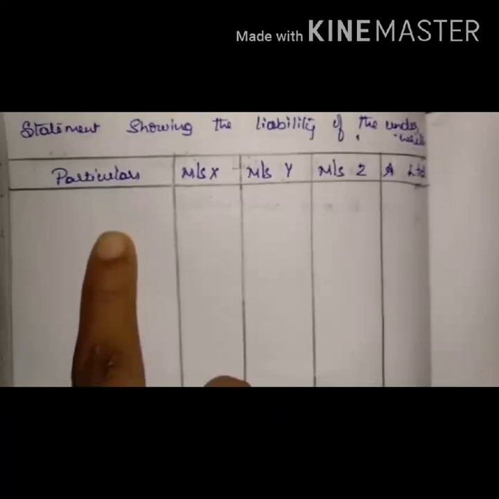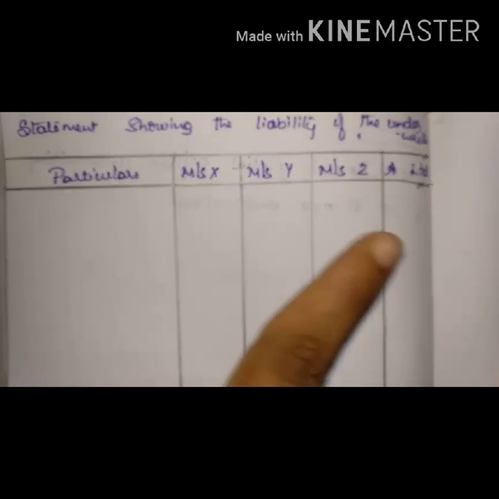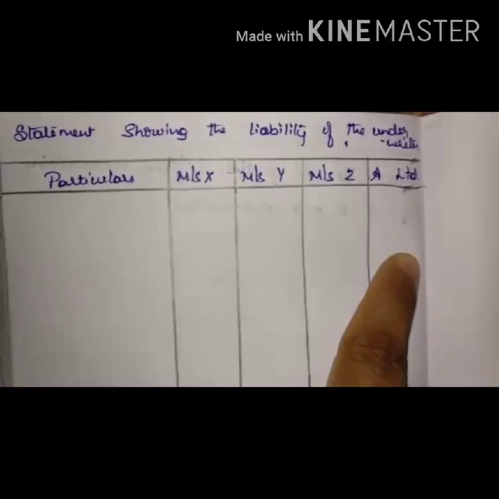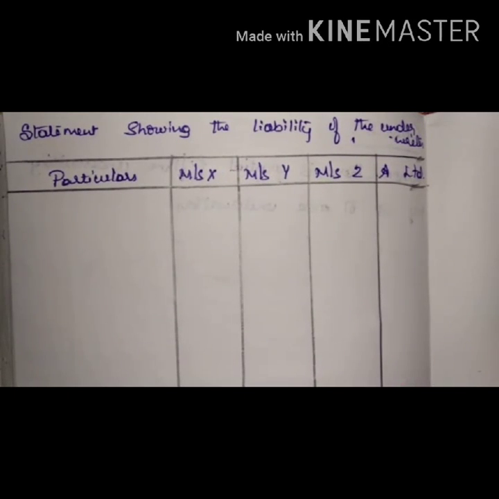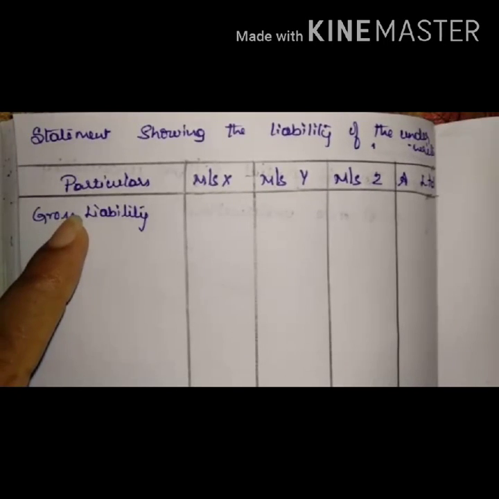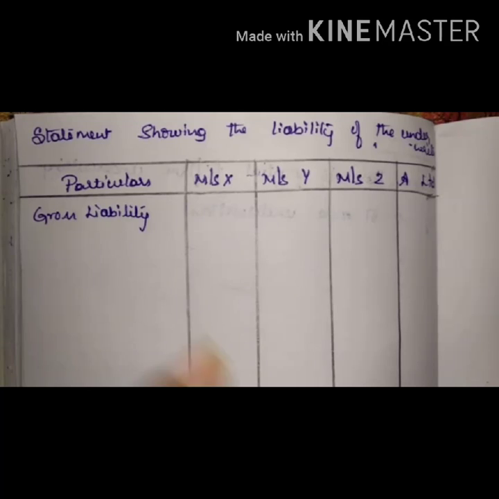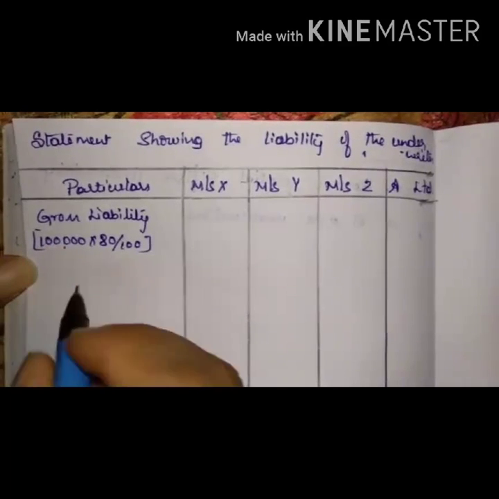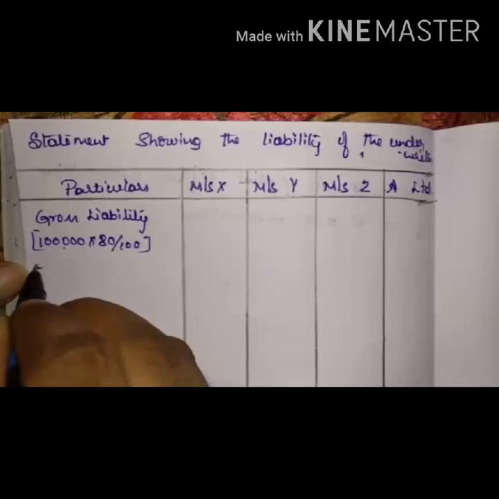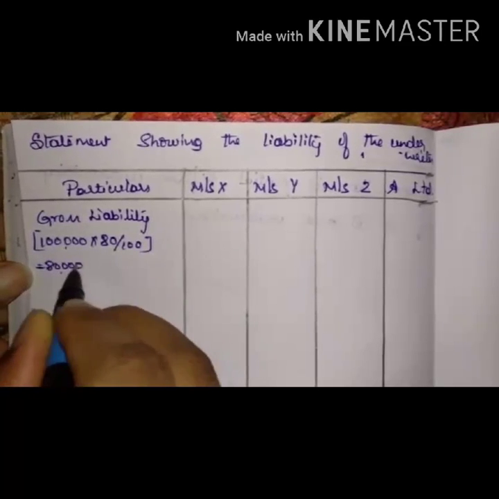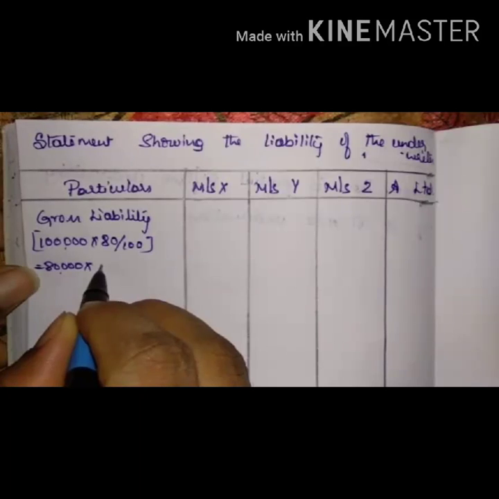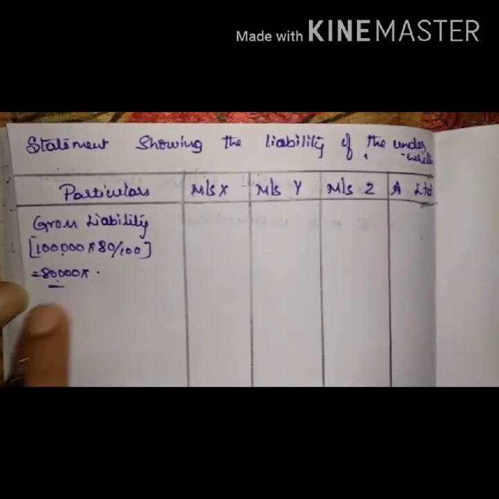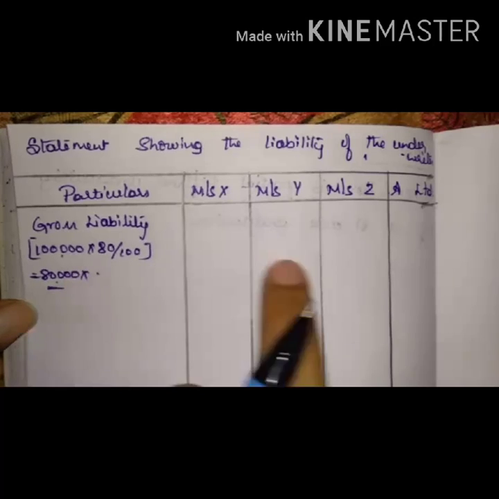Here is the statement. So 3 underwriters are there plus the issuing company, because underwriting is for part of the issue. We have to take gross liability. So liability of underwriters is 80% of the issue, that is 1 lakh into 80%, that is 80,000, and this 80,000 we have to share, which includes underwriting of 3 underwriters.